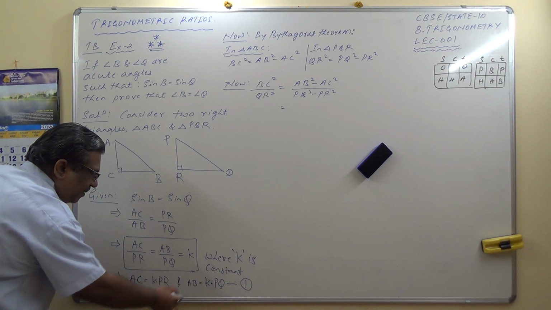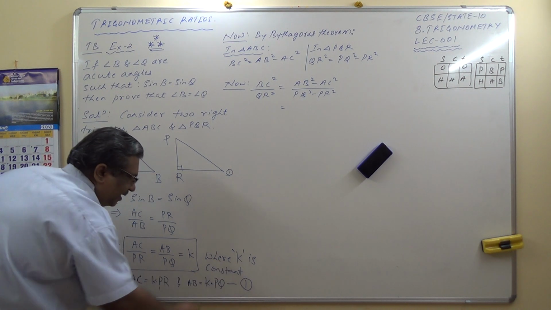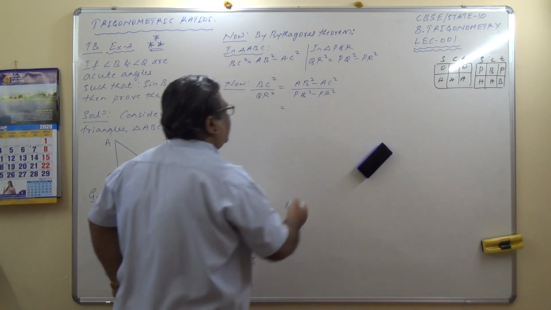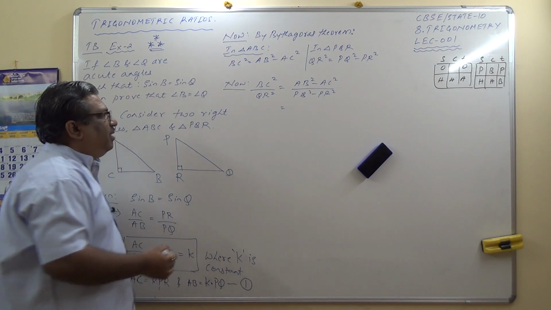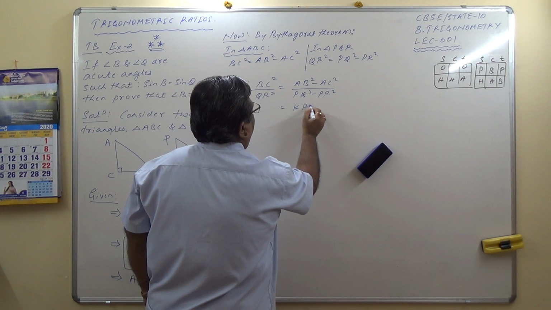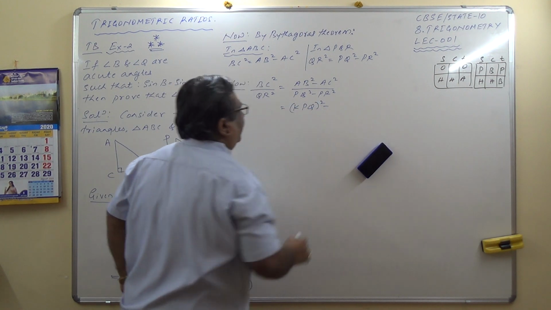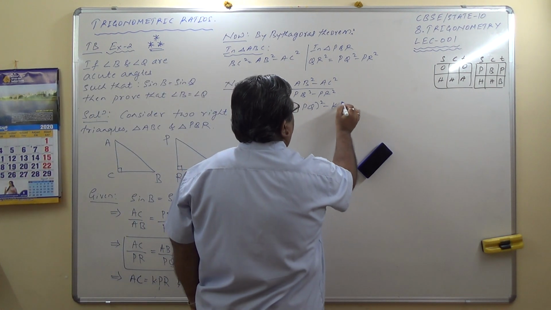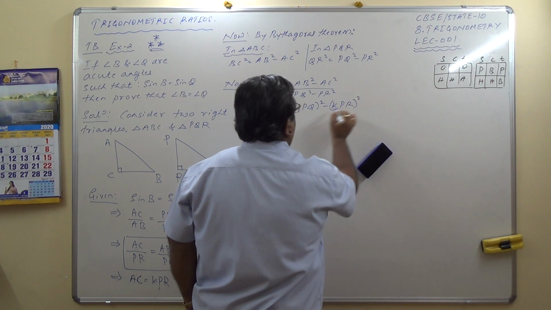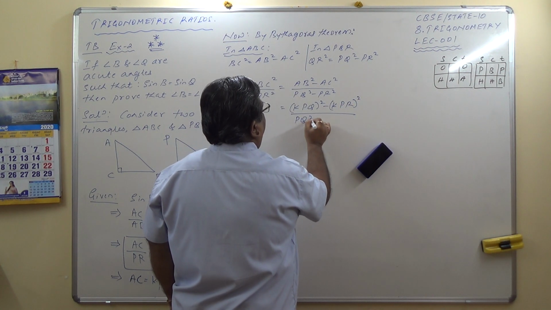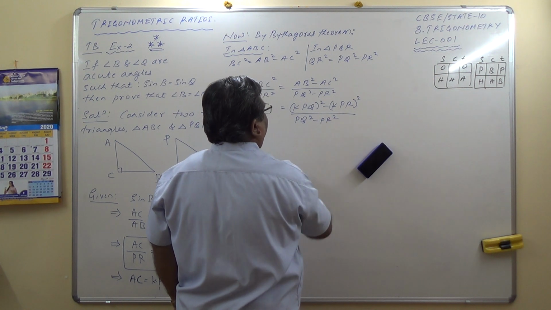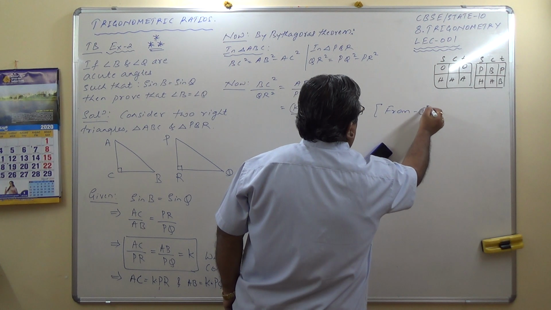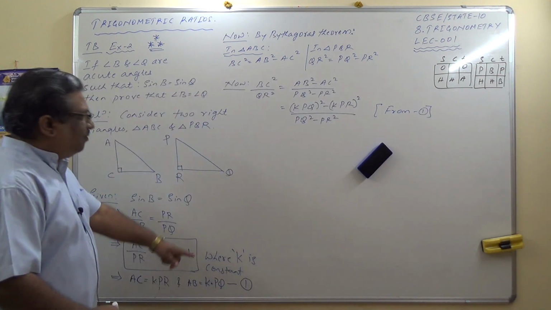So this entire statement I am tracking as 1, and therefore AB square is KPQ the whole square, minus AC square which is KPR the whole square, the whole divided by PQ square minus PR square. Reason from 1.